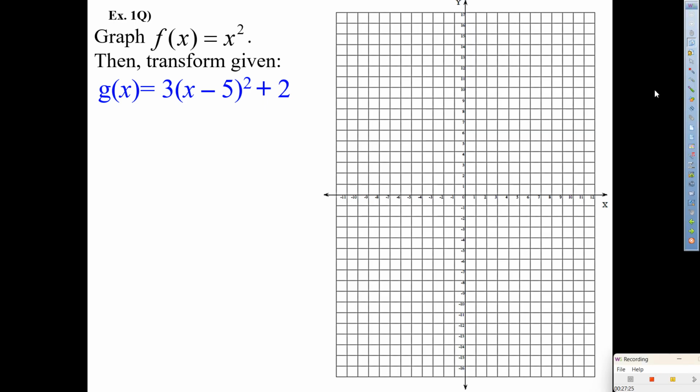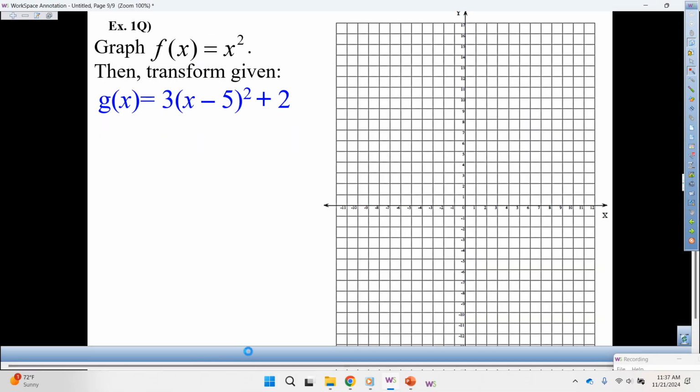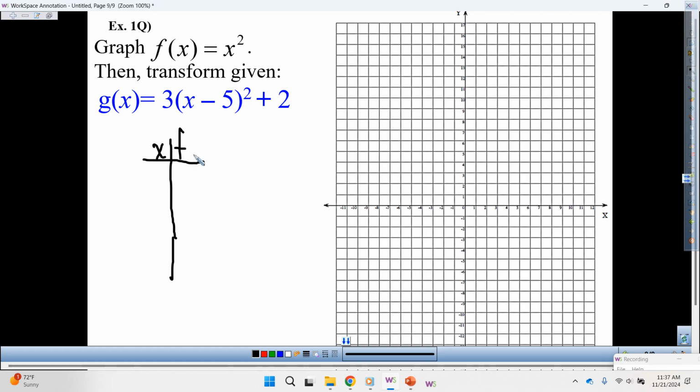All right, Dana, what do we do? Yes, and how do we graph that? What do I do? Monte, help her out. Table, yes, that is correct. F of x, -2, -1, 0, 1, 2.